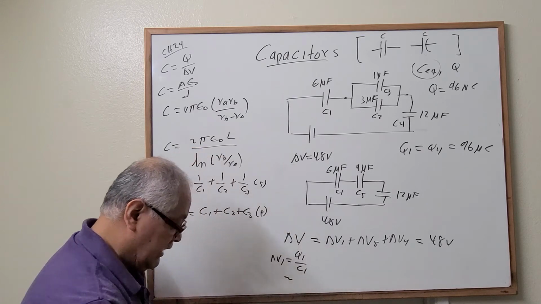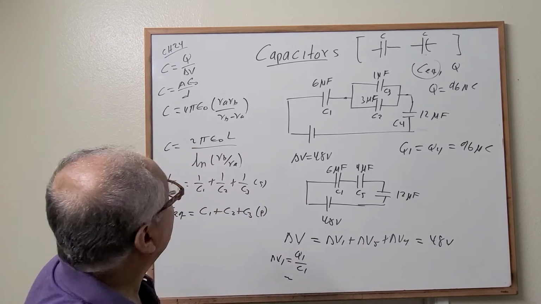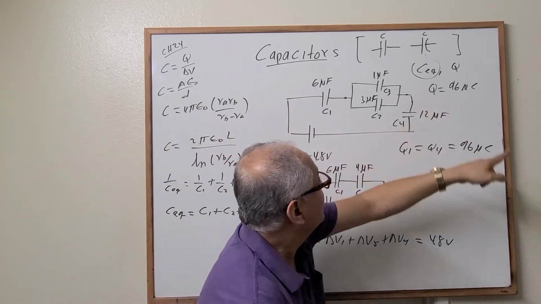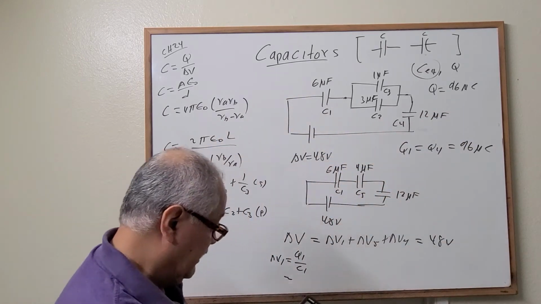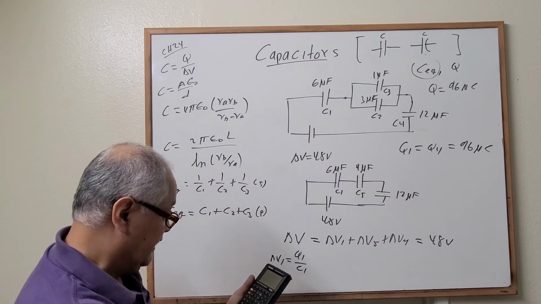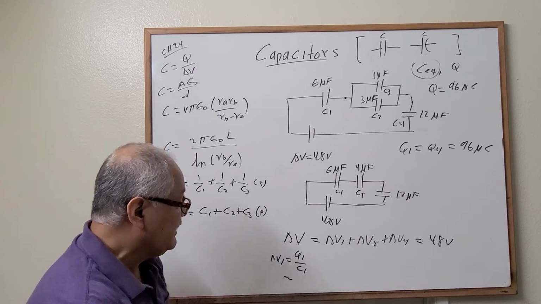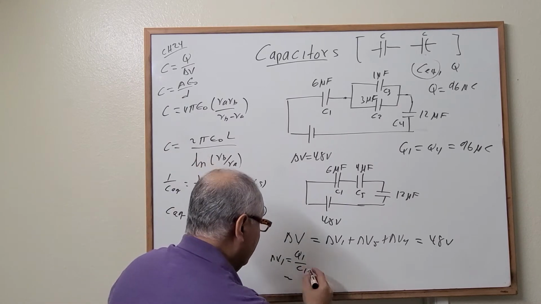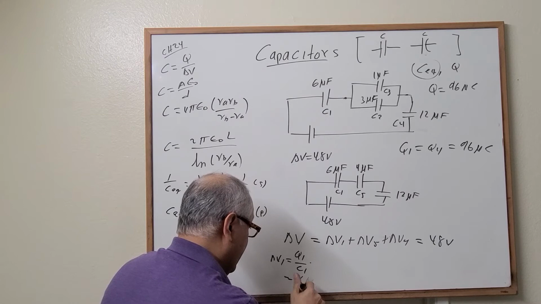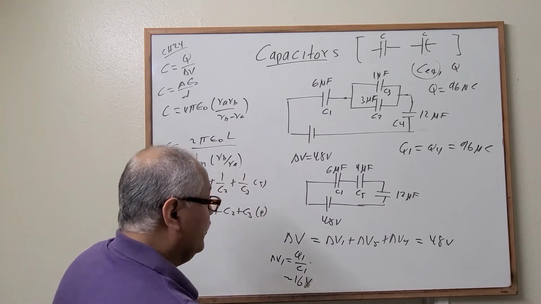What is charge 1? Well, it's the same as the total charge, 96. So 96 divided by 6 is going to be 16 volts.